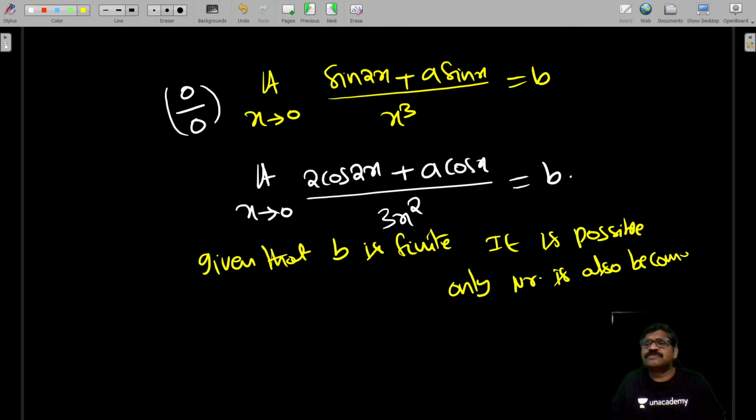Numerator also becomes 0. That's why 2 plus a should be 0. a must be equal to minus 2.